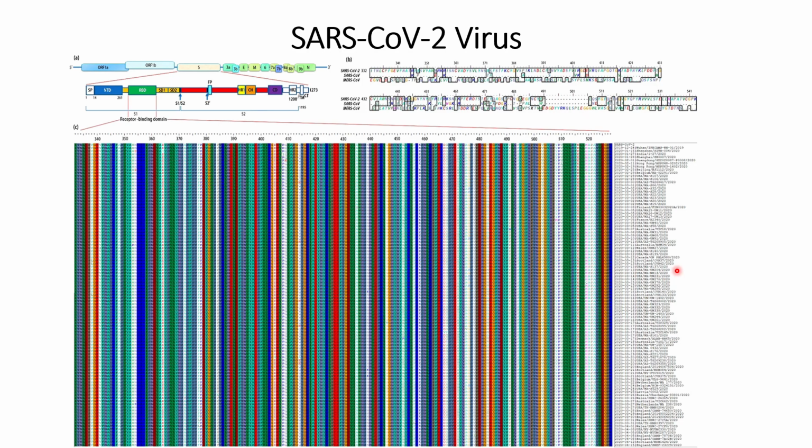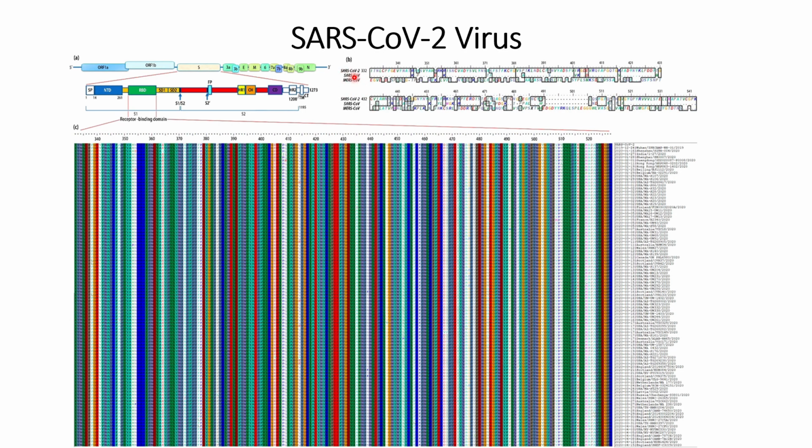If anyone is interested, they can go through the reference paper and check the high quality image of this figure to understand where the mutation occurs in each variant. So this is just to give you an idea that major mutations occur in the receptor binding domain of the spike protein.